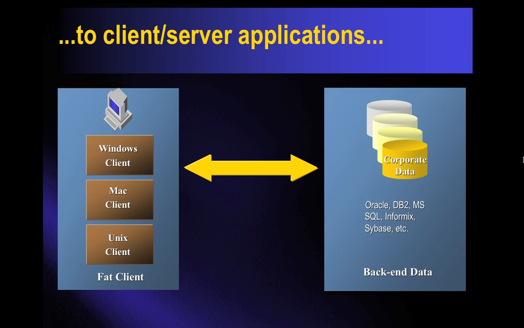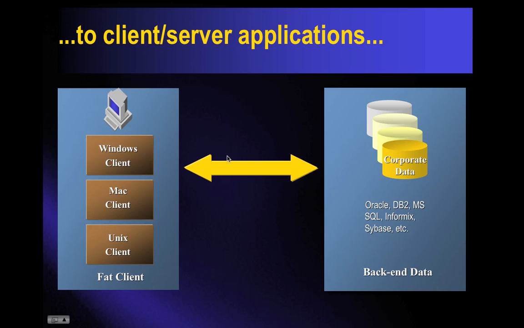So to client-server applications, what we're looking at is fat client. What's a fat client? Fat client is Windows. Actually, this Mac client is also fat. Not to be prejudiced against fat and skinny, but fat means there's a hard drive, and there's CD-ROM drives, there's devices, there's things in terms of the client interface that when it connects to the back-end data, what we're looking at is applications, but we're also looking at data, Oracle, DB2, Microsoft Server, Informix, Sybase, all sorts of corporate data.